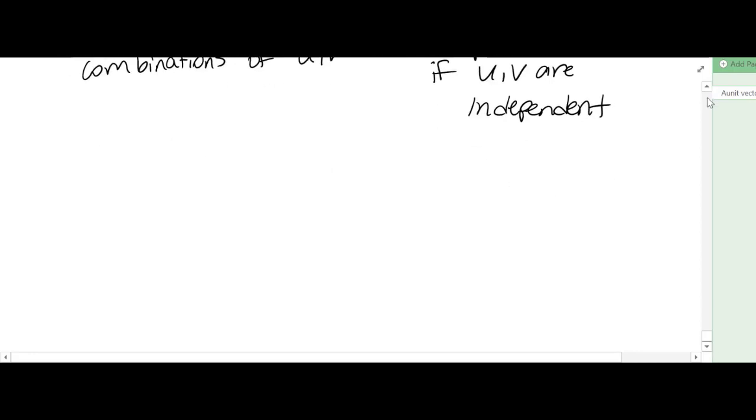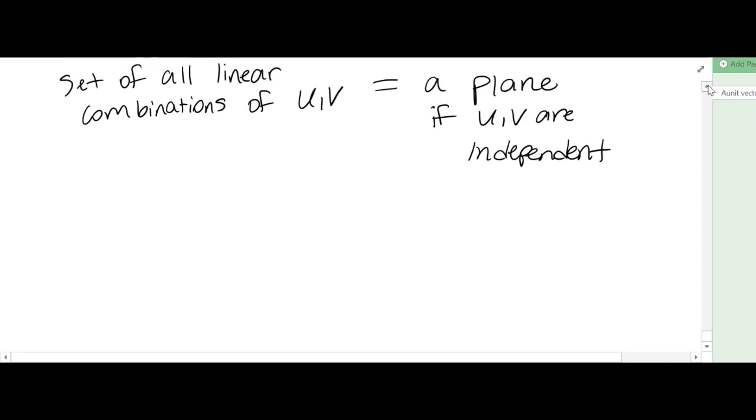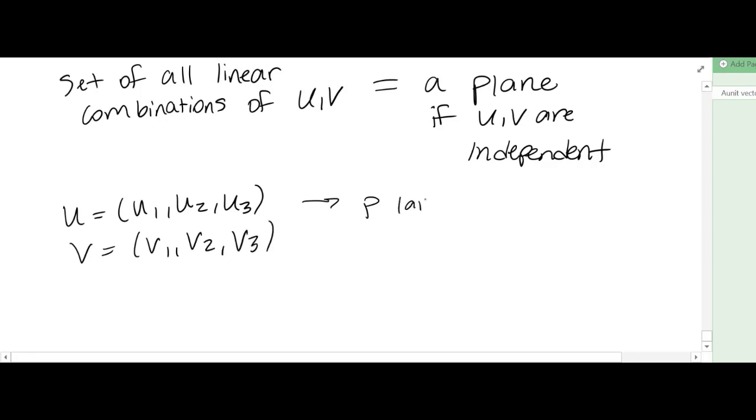And then whether or not that plane is in R3 or R4, three-dimensional space or four-dimensional space or whatever, just depends on how many components these vectors have. So if u and v have only 3 components, then it'll be a plane in R3. But if they had four components, it would be a plane in R4.